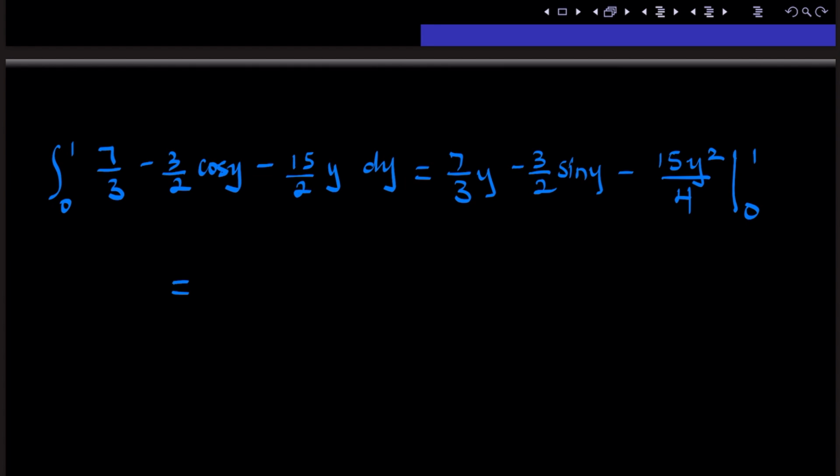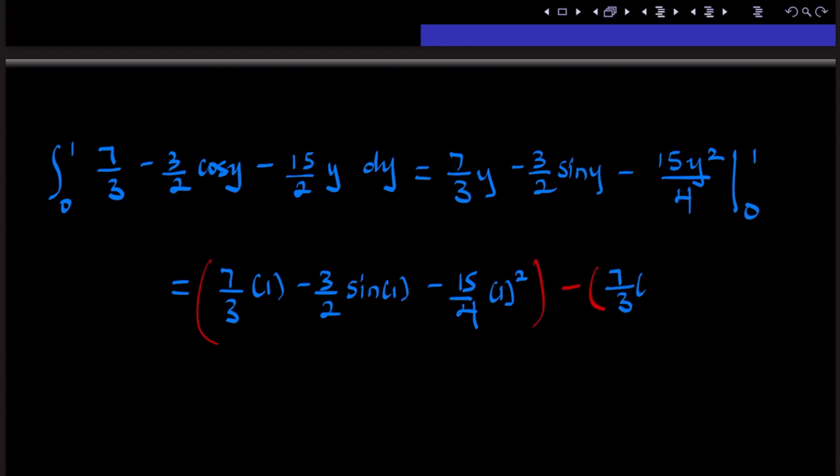Substituting the range of integration gives 7 on 3 multiplying 1 minus 3 on 2 sine of 1 minus 15 on 4 times 1 squared, minus 7 on 3 multiplying 0 minus 3 on 2 sine of 0 minus 15 times 0 squared on 4.